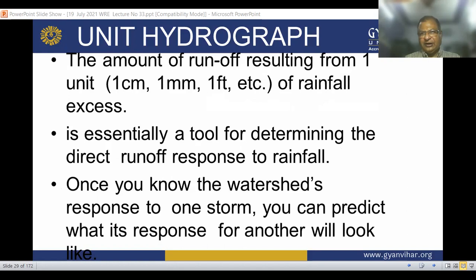The amount of runoff resulting from one unit, one centimeter, one mm, one foot, etc., of rainfall excess is essentially a tool for determining the direct runoff response to rainfall. Once you know the watershed response to one storm, you can predict what the response to another will look like.